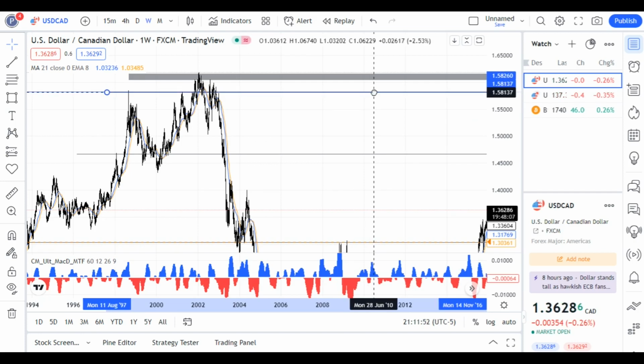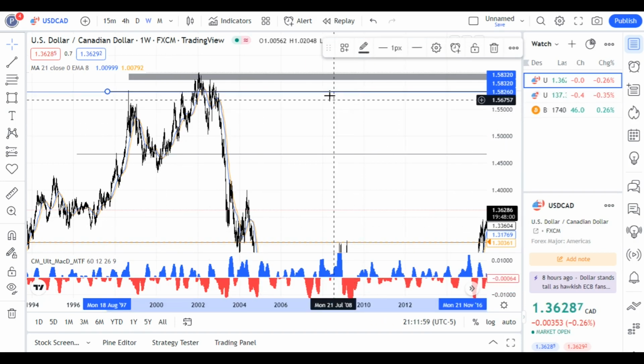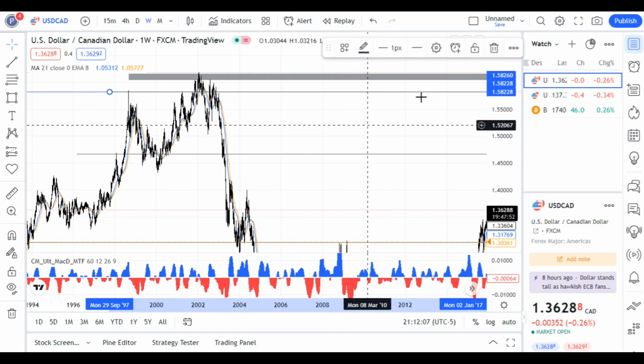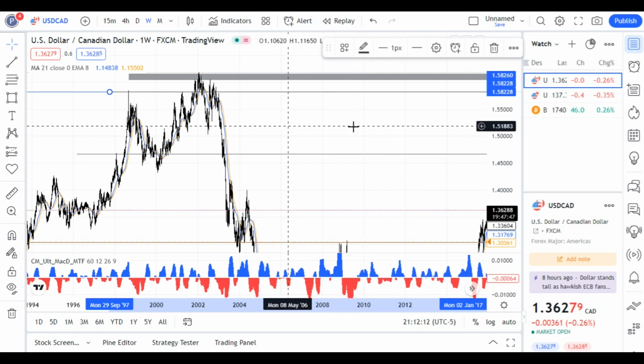As soon as I see any gray level in my lower time frames, the time frames I trade in, I quickly note that this is an important level in the weekly.